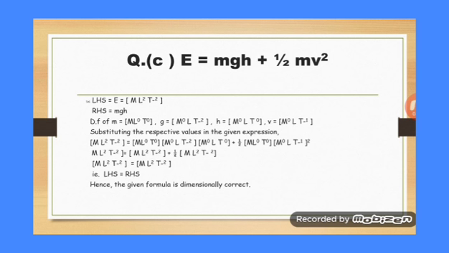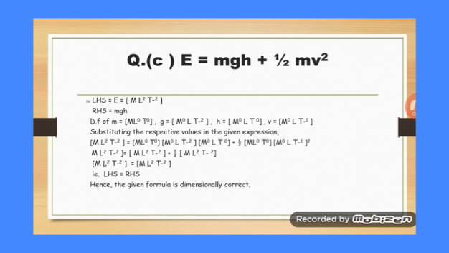Now substitute the respective dimensional formula of each physical quantity in the given expression. On substituting this and doing the calculations, you get ML²T⁻² on the left hand side, and on the right side you get ML²T⁻² plus half ML²T⁻².